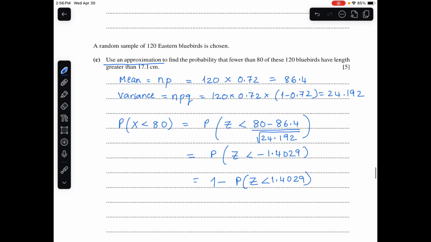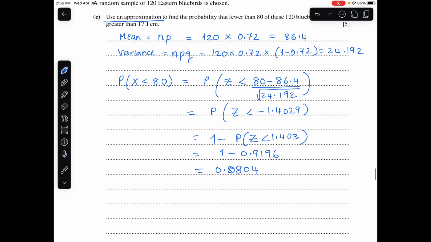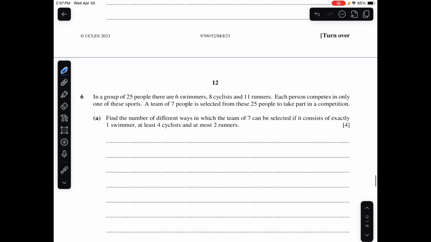You could round it up to 1.403. That's what I'm going to do, 1.403, and then that works out to be 1 minus 0.9196, which is 0.0804. All right, that's about this question.